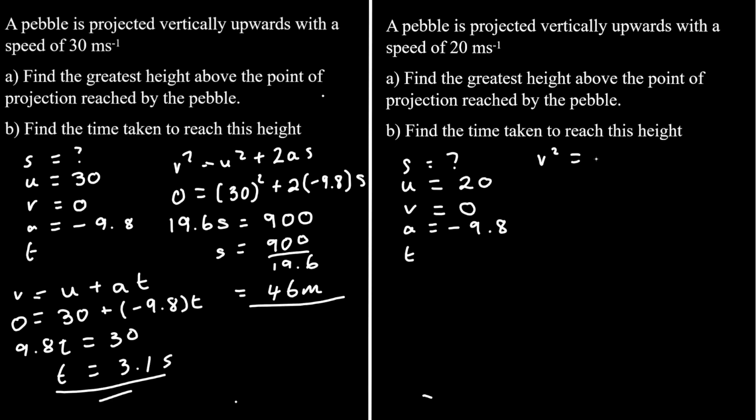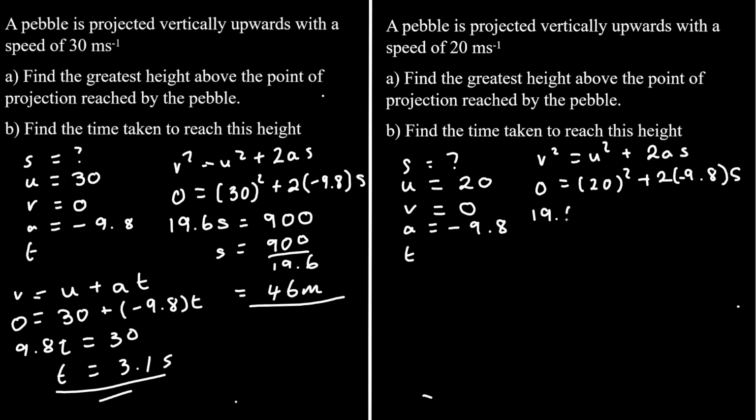So if we use v squared equals u squared plus 2as, we get 0 equals 20 squared plus 2 times minus 9.8 times s. Plus the 2 times 9.8s to both sides.